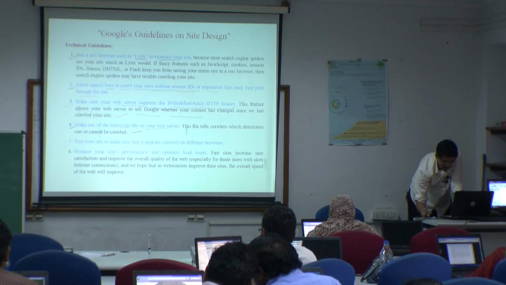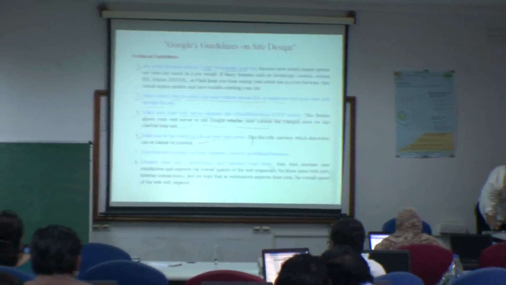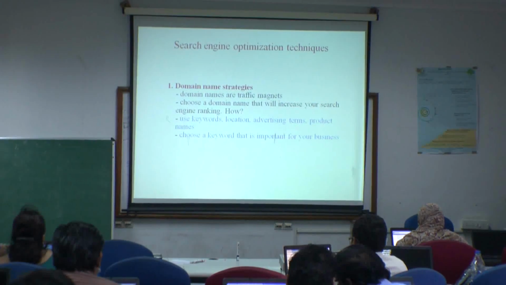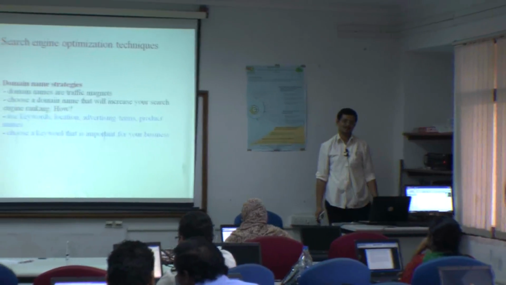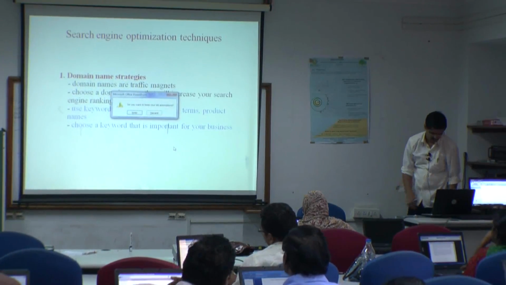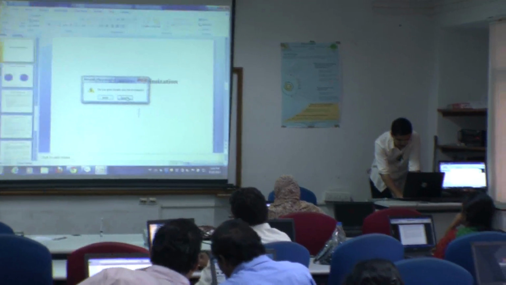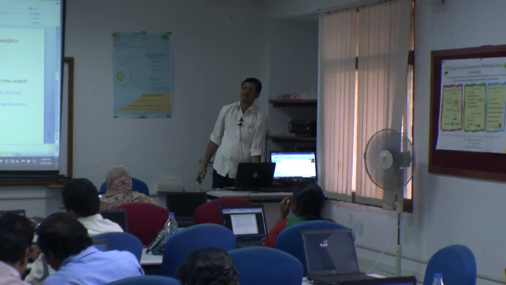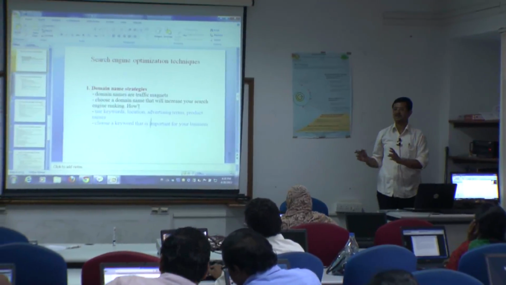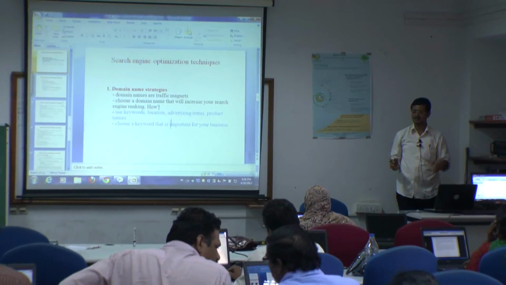Monitor your site's performance and optimize load times, etc. It means try to develop lightweight sites. So these are the basic techniques for search engine optimization. These are just the definition, the depth definition of how to. So I can stop here for this topic.